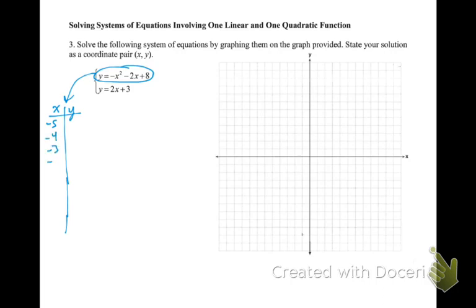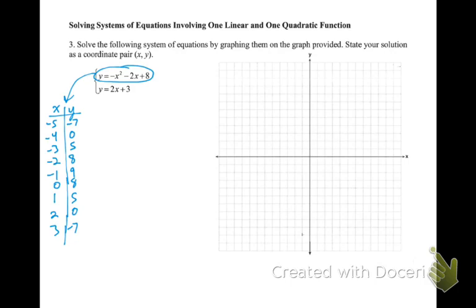So -5, -4, -3, -2, -1, 0, 1, 2, and 3. And I'm going to copy the y column, which is -7, 0, 5, 8, 9, 8, 5, 0, -7. Okay, so there is my parabola.